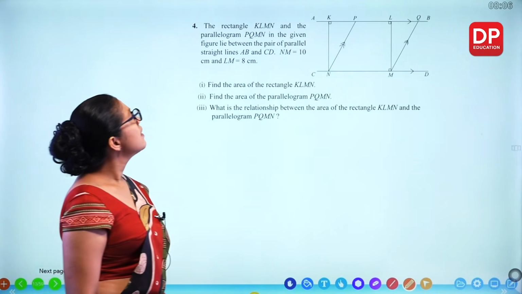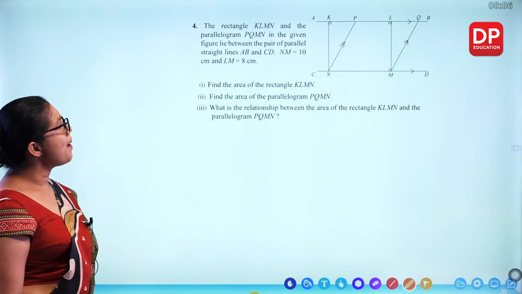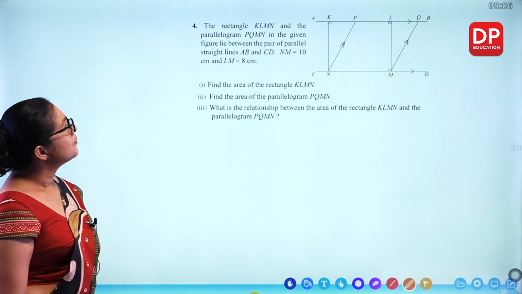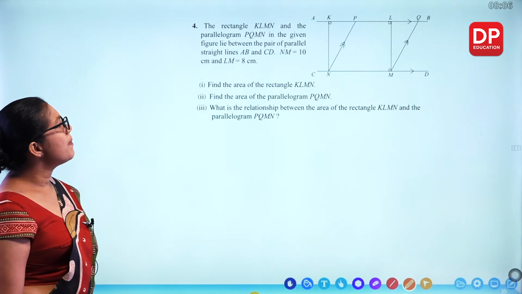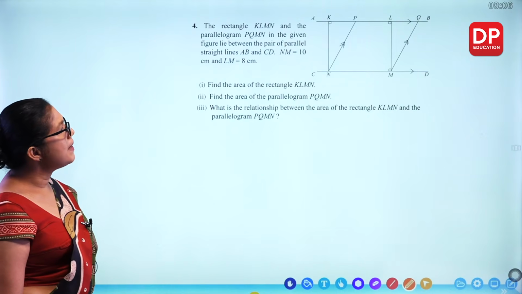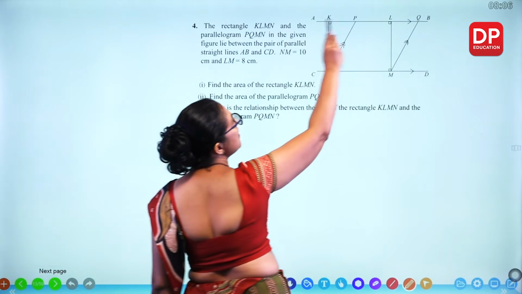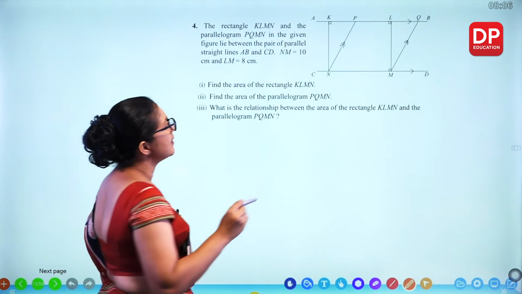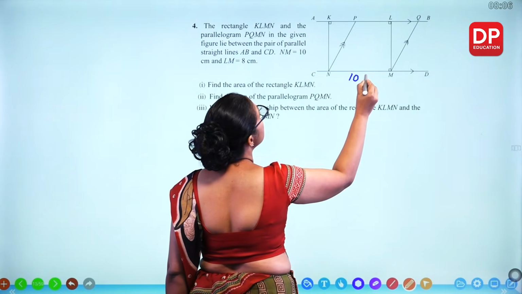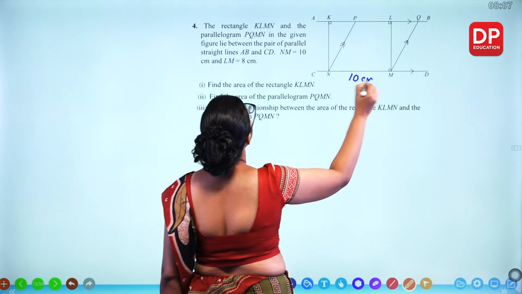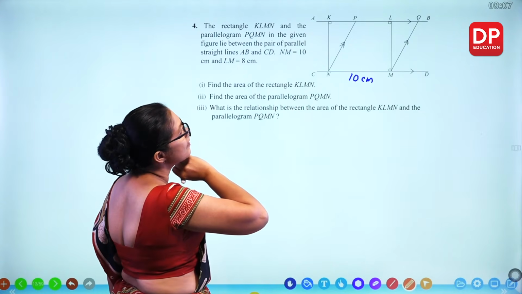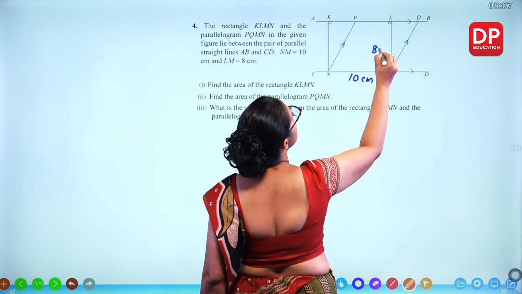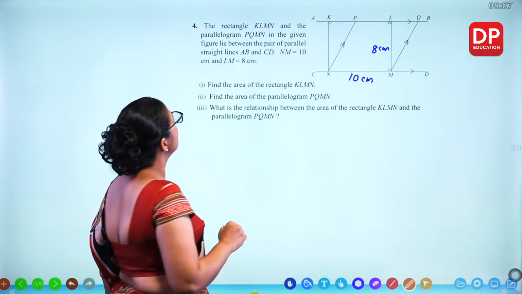Fourth one, the rectangle KLMN and the parallelogram PQMN in the given figure lie between the pair of parallel straight lines AB and CD. NM is 10. This length is given as 10 centimeters and LM, the perpendicular height, is given as 8 centimeters.